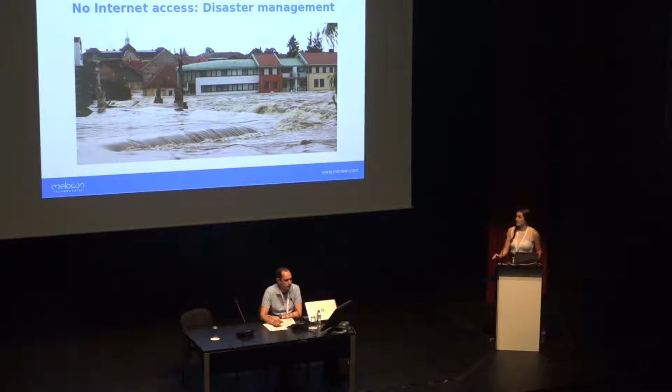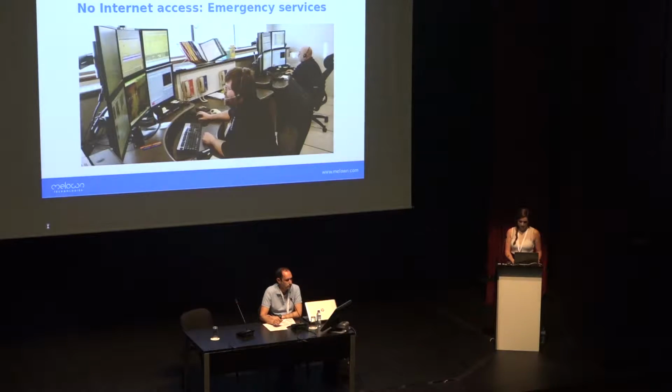In that case, we cannot depend on the internet, so an offline solution is necessary. The same we can say about emergency services, because their databases cannot depend on external sources, which logically means that they cannot depend on the internet connection.